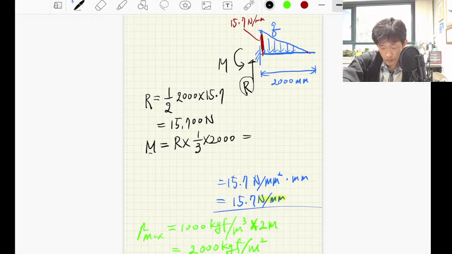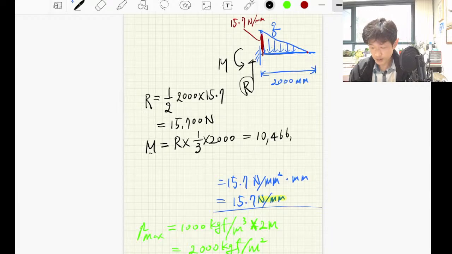This is equal to a big number we have. So 10,466,667 Newton millimeters. This is the moment.